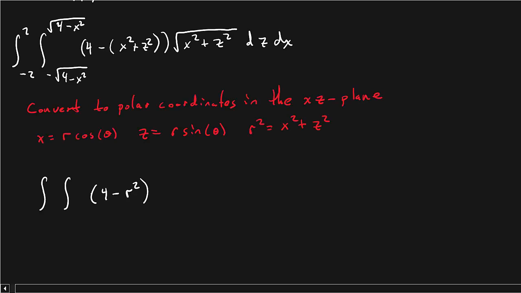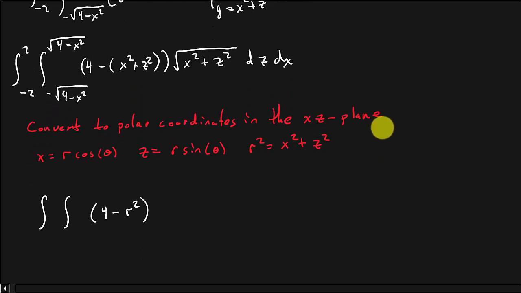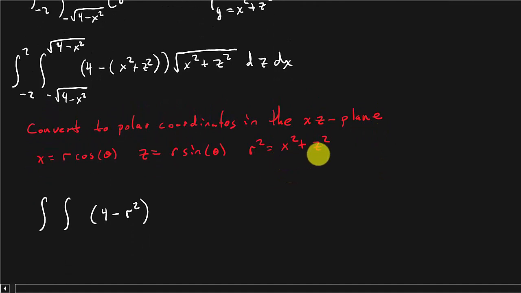Sorry about that. So look at this. X squared plus z squared is r squared. So the x squared plus z squared, I'll replace that with r squared. So 4 minus r squared. And then that's going to be times the square root of x squared plus z squared, that would just be r, right?